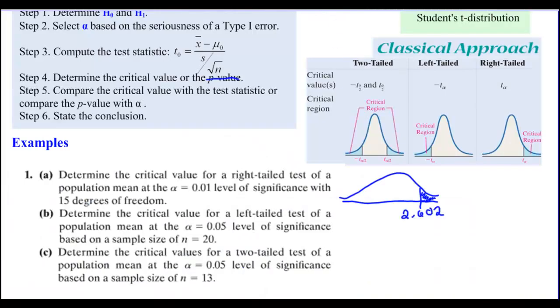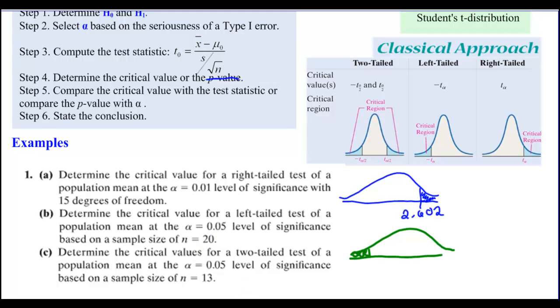All right, then for B, it's wanting us to determine the critical value for a left-tailed test. So for a left-tailed test, it's going to look like this. And the details are we have an alpha of 0.05 and a sample size of n equals 20. Now remember, degrees of freedom is going to be one less than our sample size.